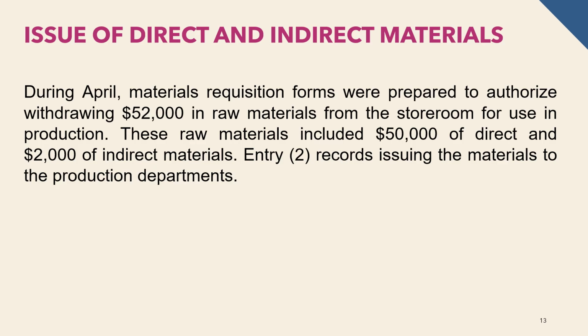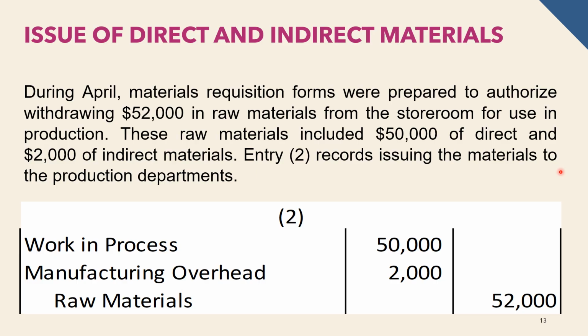During April, materials requisition forms were prepared to authorize withdrawing $52,000 in raw materials from the storeroom for use in production. These raw materials included $50,000 of direct and $2,000 of indirect materials. The following journal entry records issuing the materials to the production departments.